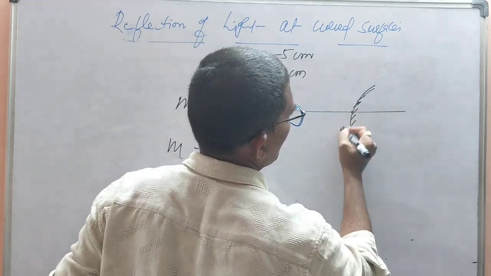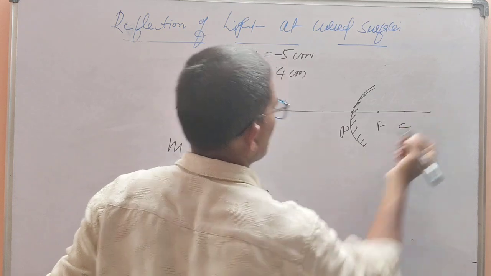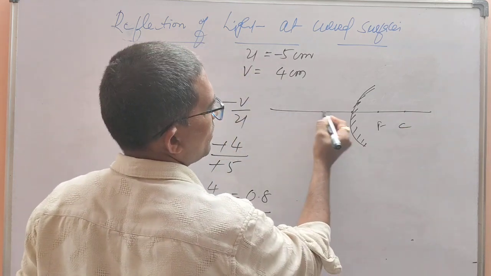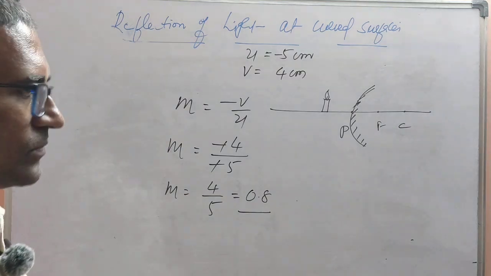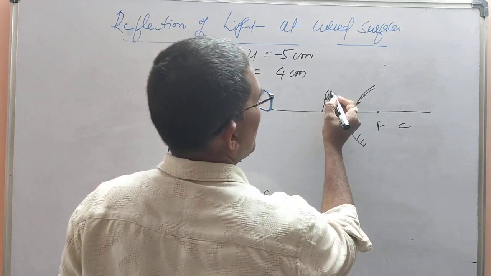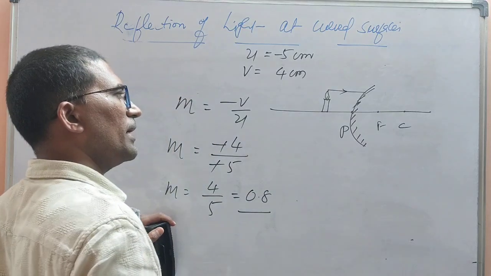This is the pole and focus, and this is the center of curvature. Now here, for example, the object is placed here. As usual, the incident ray is parallel to the principal axis.